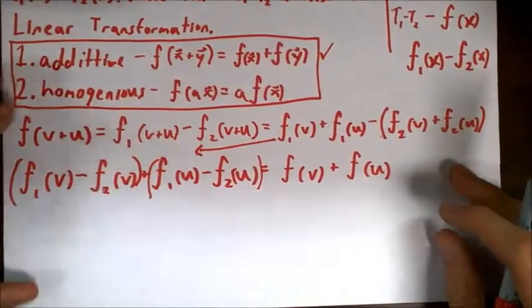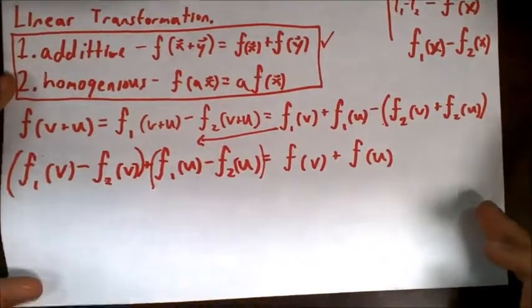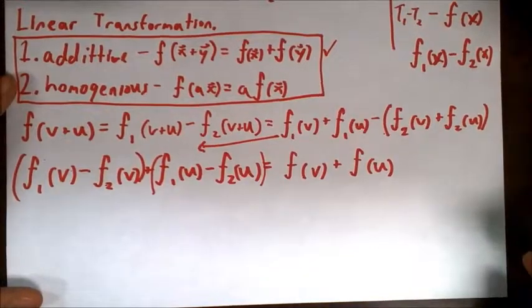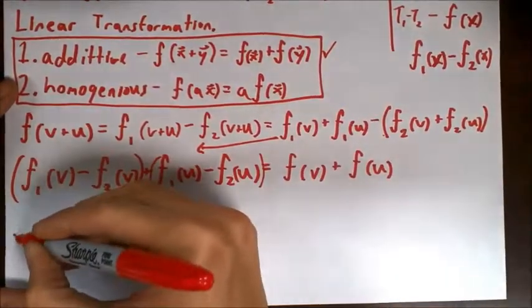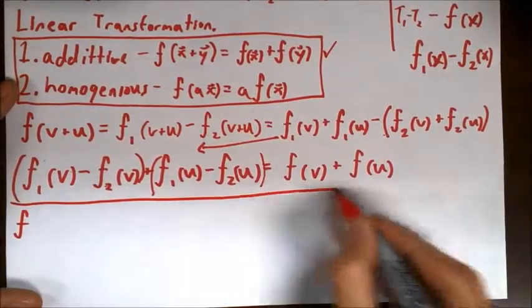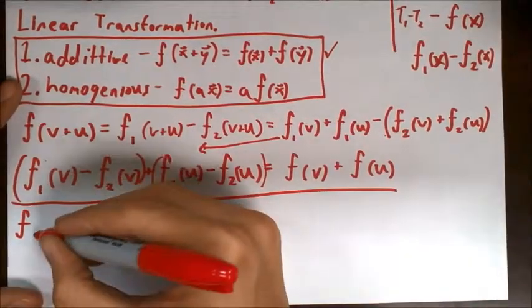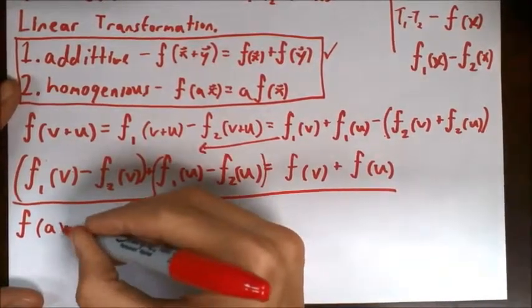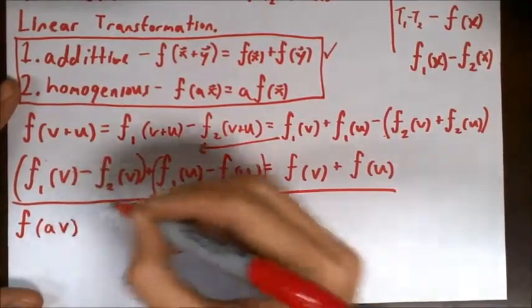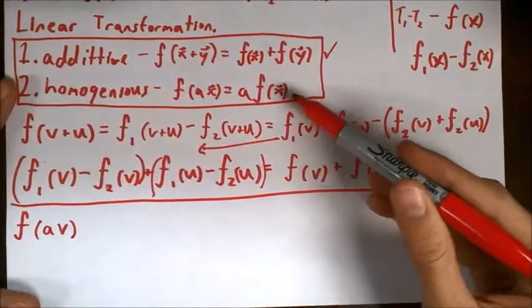We now need to solve for it being homogeneous. So for it to be homogeneous, the function that we are trying to find of some constant a times v needs to equal a times the function of v.